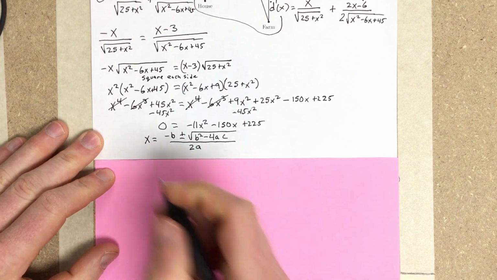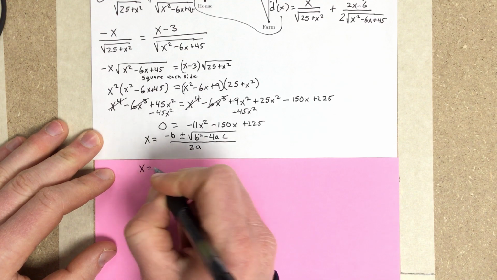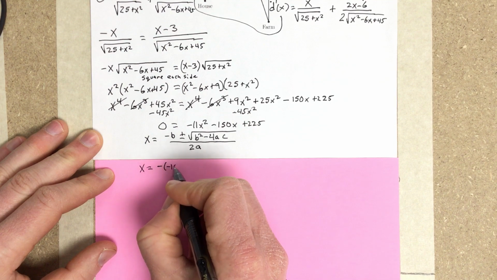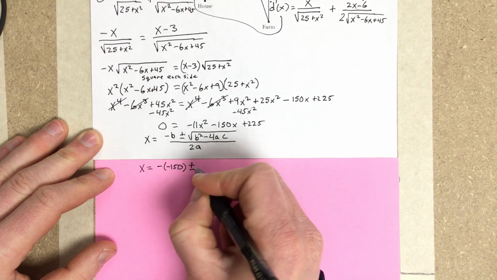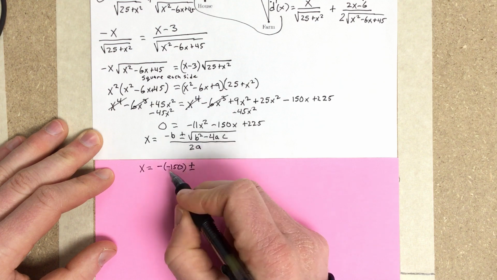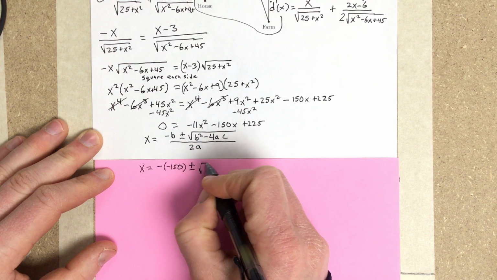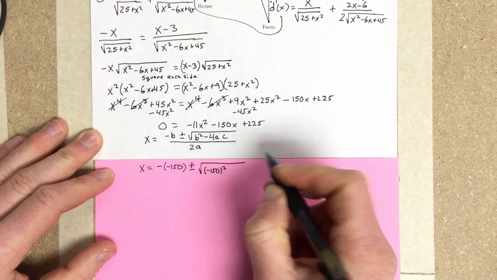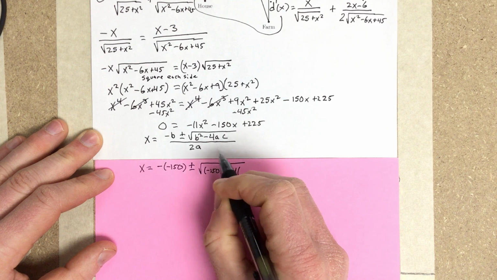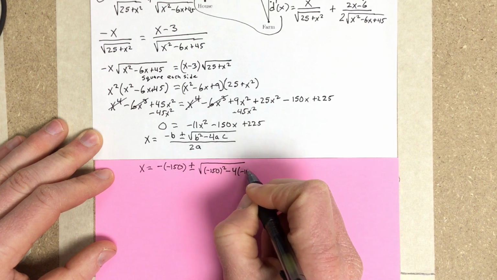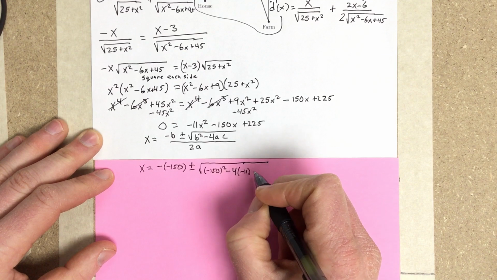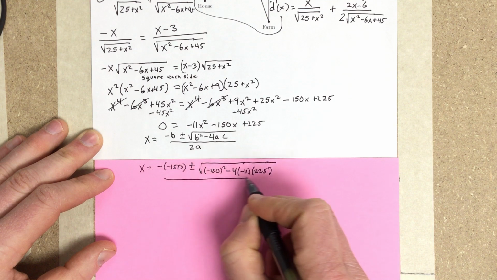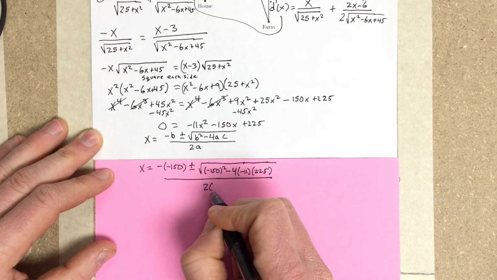So then we're going to get x is equal to, plug in negative b, so that'd be negative 150 plus or minus root negative 150 squared minus 4 times a, which is negative 11, times c, which is 225, all divided by 2 times negative 11.